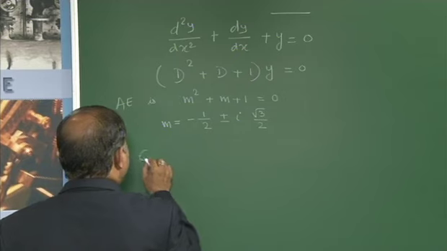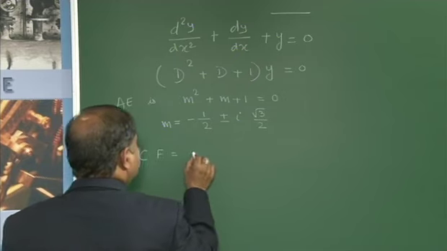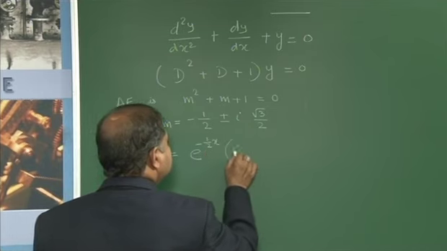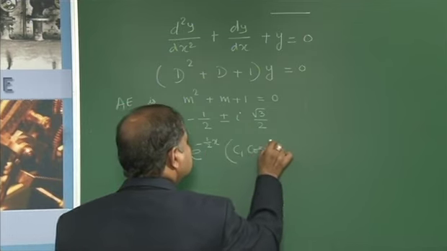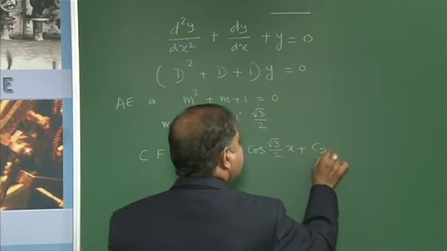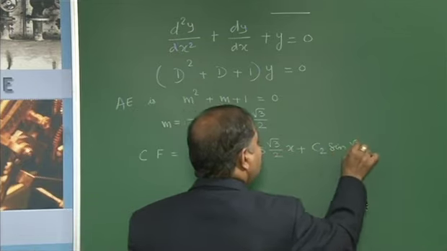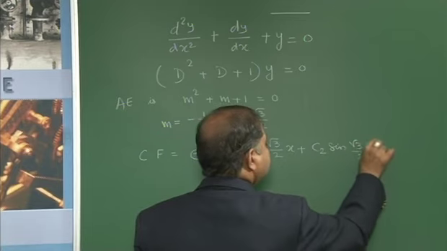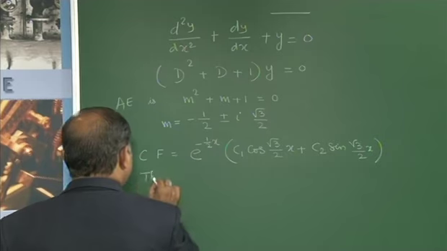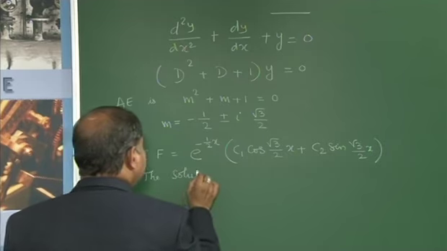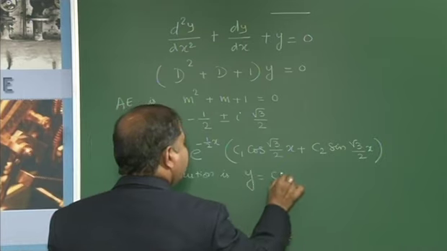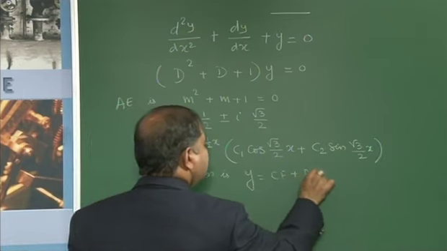So first, what is our CF? It is e power minus 1 by 2 x, c1 cos root 3 by 2 x plus c2 sin root 3 by 2 x. But here the right hand side is 0, therefore the solution is y is equal to CF plus PI.